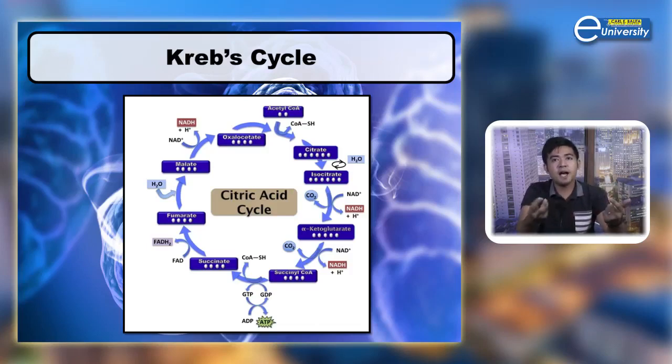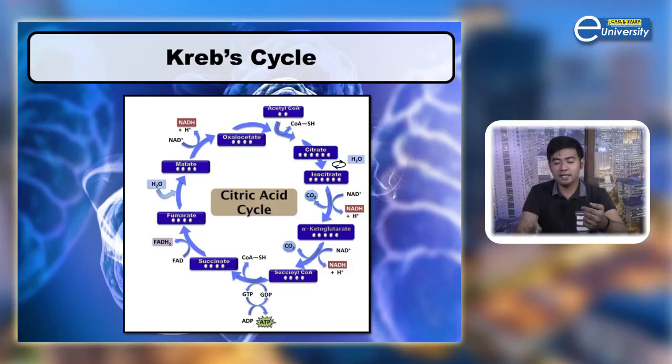Meaning in this process, it is a recycling process because the four carbon molecule called oxaloacetate will be used again in the first part, in which it combines with the acetyl coenzyme, which is further submitted to produce the citric acid, which is further submitted again into oxidation reaction. So meaning it is a cyclic process.